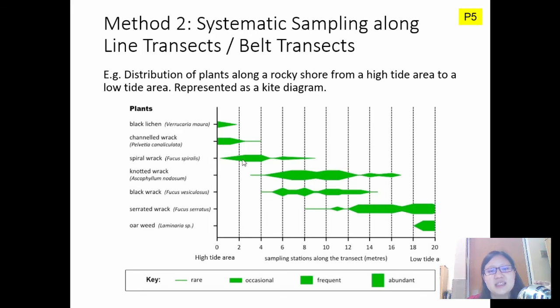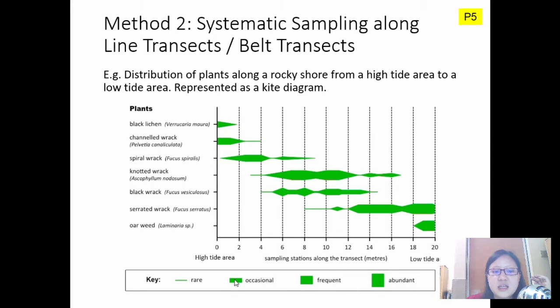It does look like kites flying around, and this shows you what plants are available along the rocky shore from high tide area to low tide area. So here's the high tide area and here's the low tide area. Okay, actually I think I might have swapped that around. Never mind. Anyway, the point is you can see that black lichen is more frequent here.